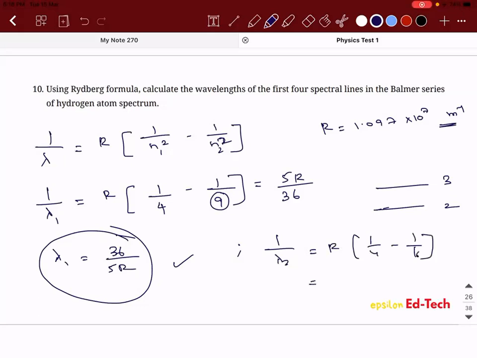So 16 minus 4, 12 divided by 64 is what you're going to get, or I'll get 3 divided by 16. So 1 by lambda 2, which implies lambda 2 is equal to 16 by 3R. So it keeps going like this.